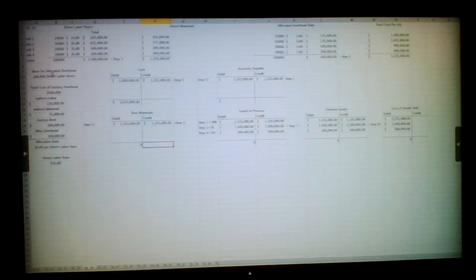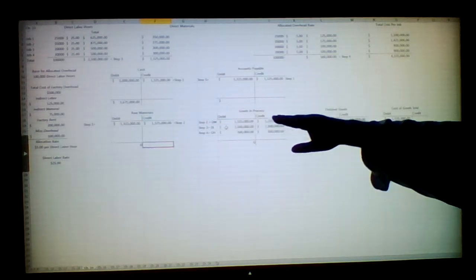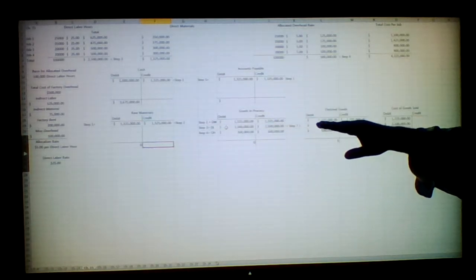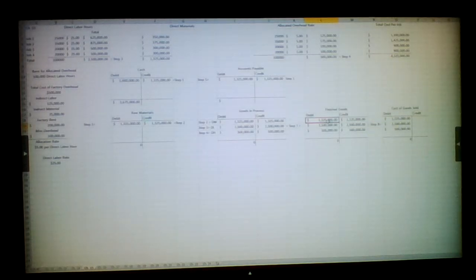So again, to reiterate, all of your costs while you are manufacturing are gathered in goods in process. Then once those jobs are finished, they transfer out of goods in process to finished goods, and from finished goods to cost of goods sold.